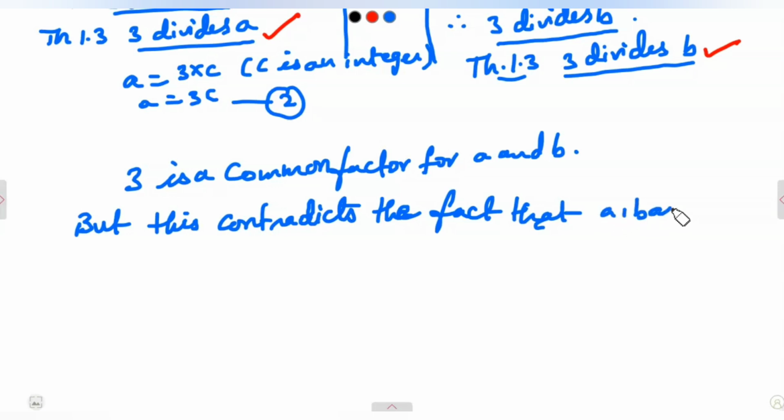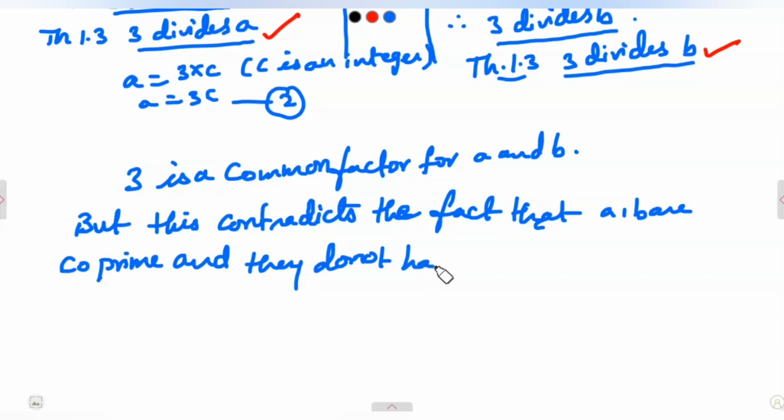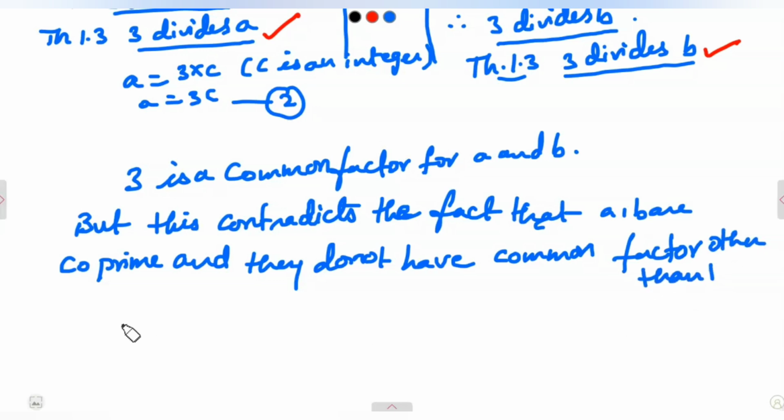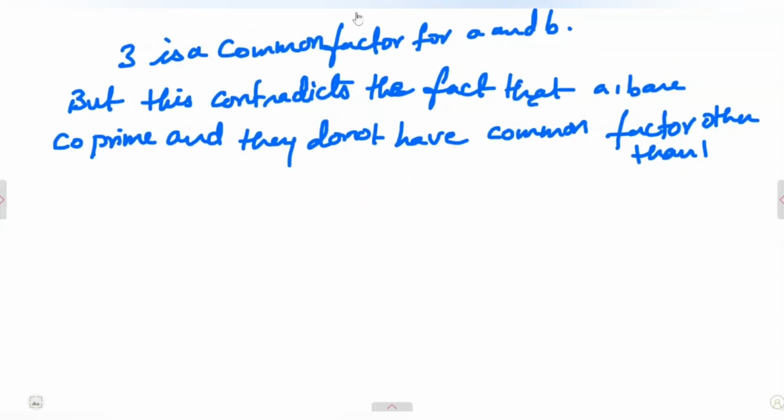A and B are co-prime and they do not have a common factor other than 1. So this fact is contradicting for us. Then this contradiction arises due to our incorrect assumption in the starting itself.